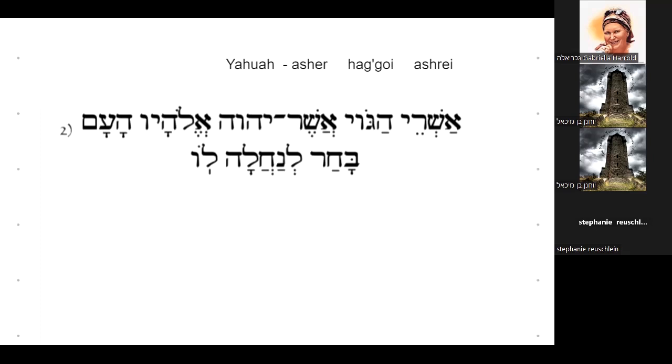Remember, kamatz, yud, waw always sounds like av at the end of a word. It's a diphthong. So we're going to take this hey and then attach the av sound. So hav. So the word is Elohav. Elohav.